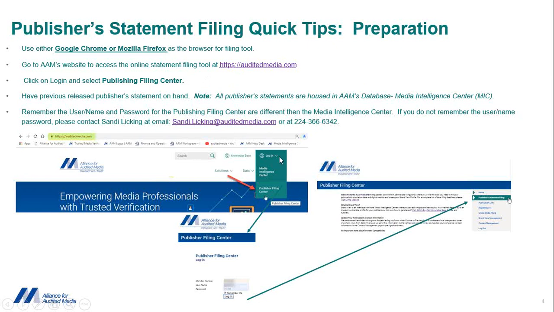Use that drop-down arrow and select Publishing Filing Center, and then it's going to ask you for credentials to get into the filing tool. The credentials to get into the filing tool are different than the ones for our Media Intelligence Center. If you're unsure what your filing credentials are, please let me know, and I'm more than happy to provide that for you. Once you log in, there are some more options on the menu for the filing center, and you're going to want to select publisher statement filing.